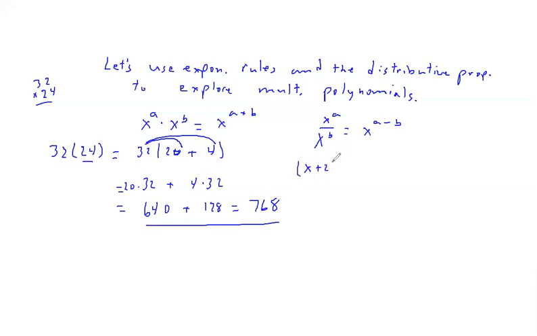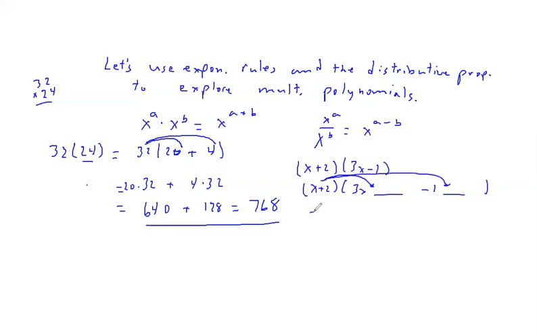Now, let's do the same thing with this problem, and I'll put it over here. X plus 2 times 3x minus 1. Now, just like we split up the 24, now we're going to split up this 3x minus 1 so that my x plus 2 is going to get distributed into there and into there.